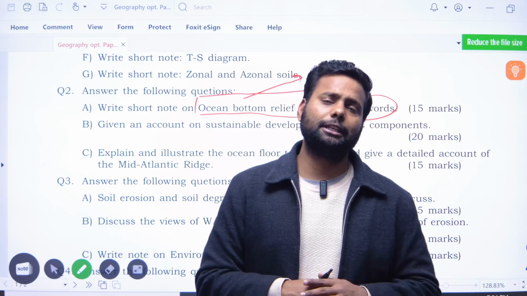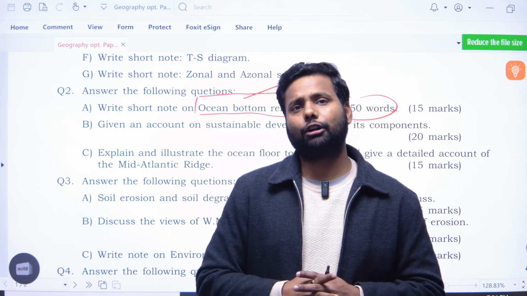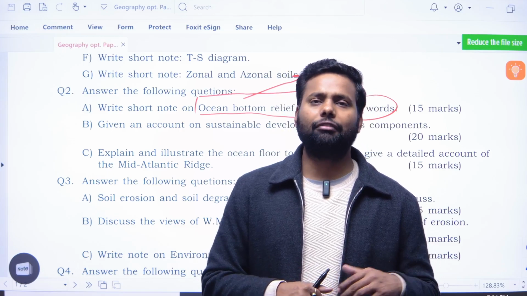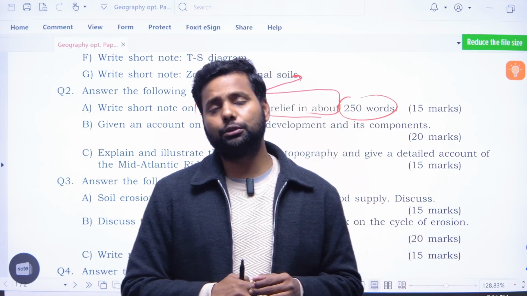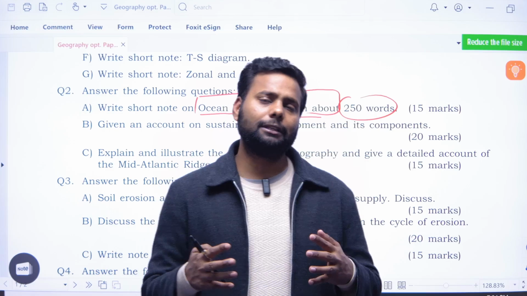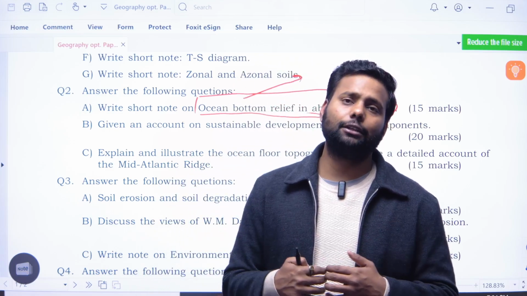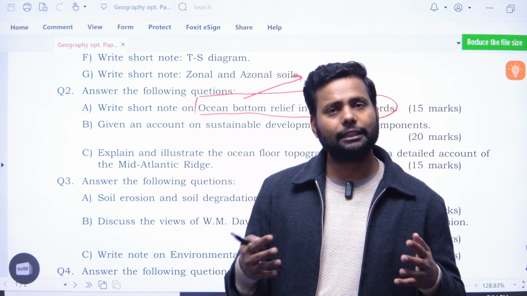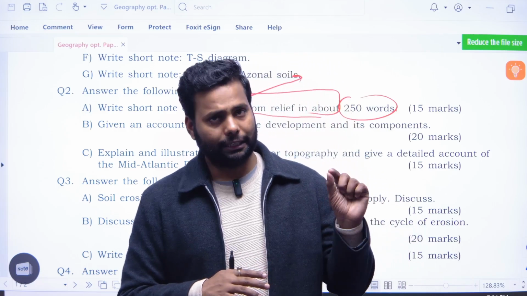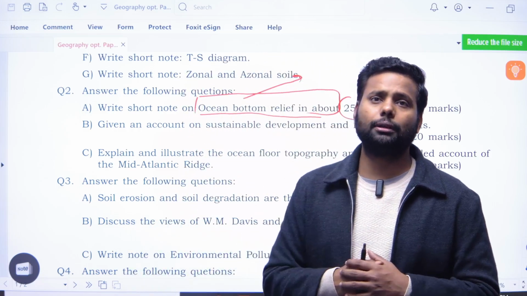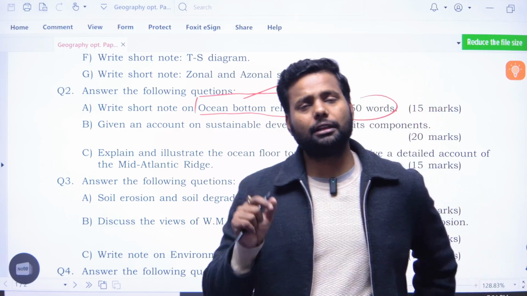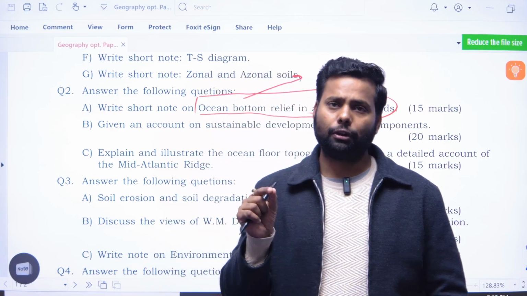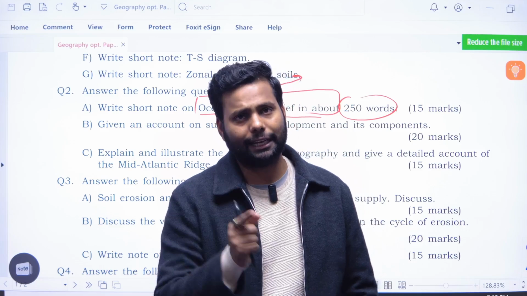Before the Challenger expedition, the majority of common people believed that the ocean floors were featureless. After the Challenger expedition, the illusion was broken, and people accepted that the oceans have more topographical diversity than the continents. You have to mention the ocean bottom topography from the continental shelf to the shelf break, from the shelf break to the continental slope, which has features like canyons.